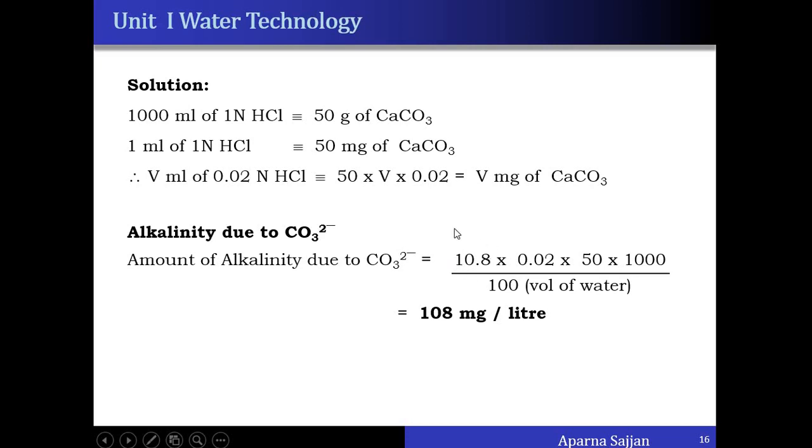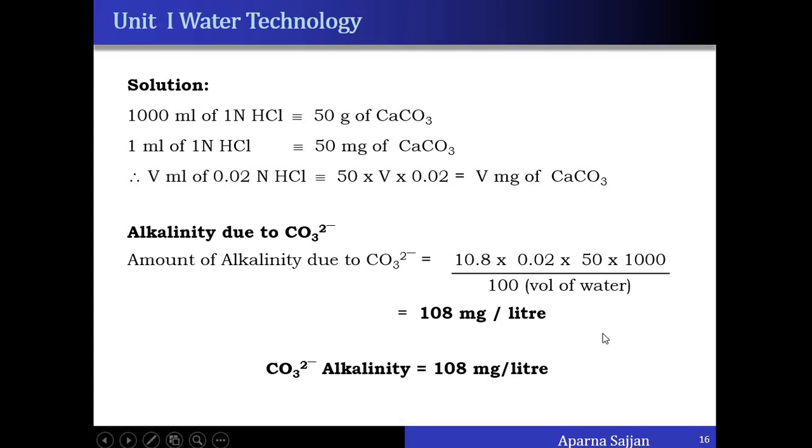Twice P is also 10.8. 2P or T is 10.8 into normality into equivalent weight into 1000 upon volume of water titrated. So after calculation, the answer is 108 milligrams per liter. So lastly mention the type and its amount.